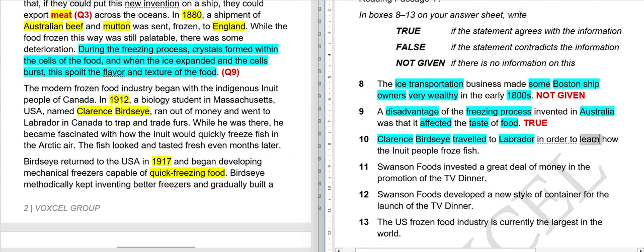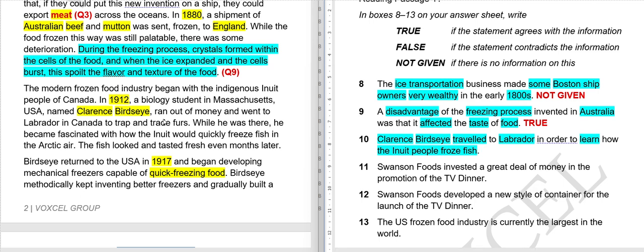Why? To learn how the people froze fish. So if this is the purpose of his visit, we will say true. But if this was not the purpose of the visit, if the purpose was something else, we'll say false. And if there is no information on why he visited there or not, we will say not given.